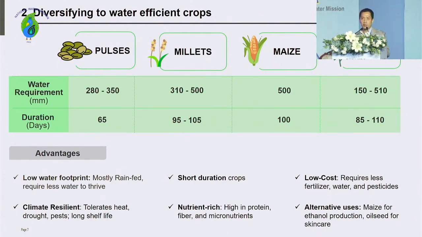Convincing the farmers to go for crop diversification is still a major challenge. But nevertheless, we are doing it. What we need to ensure is that along with crop diversification, we also support the farmers by giving them the right technology, by assuring them prices, giving the market, etc.